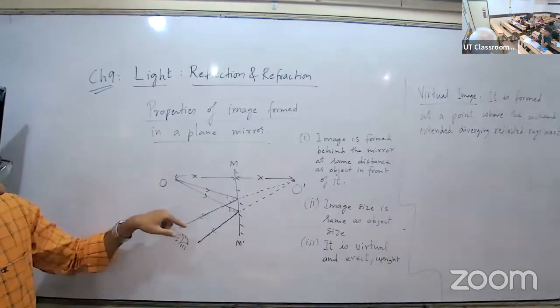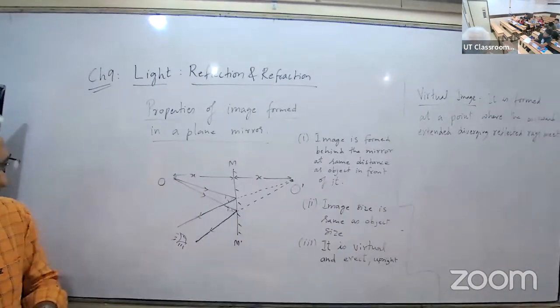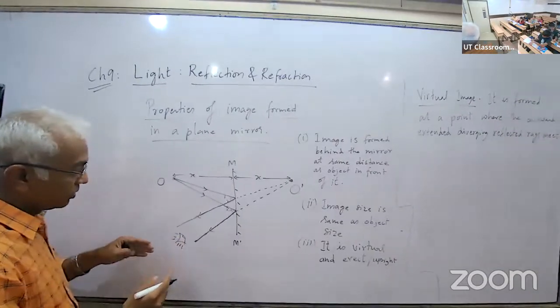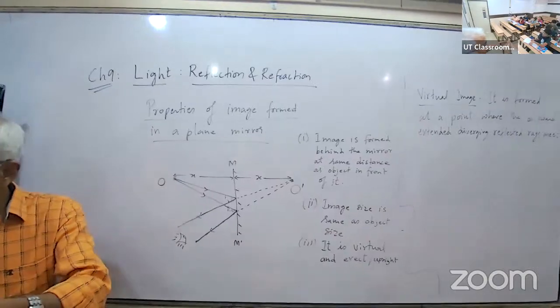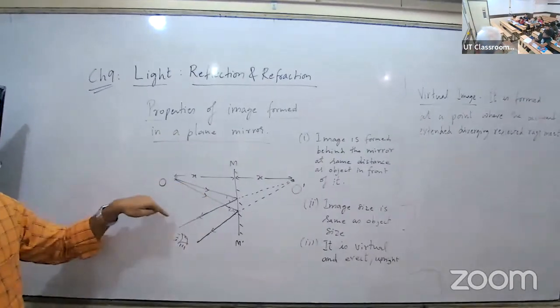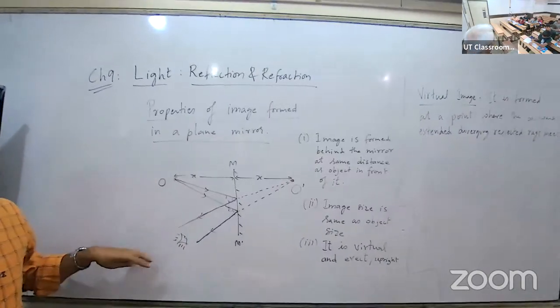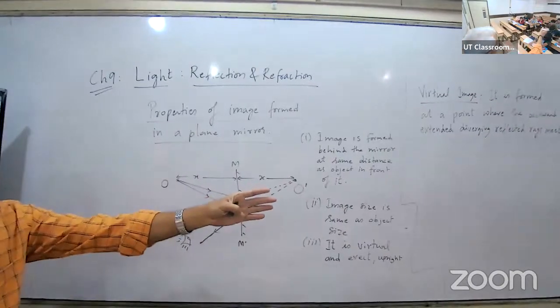So the reflected rays are diverging, they are spreading out. It is called diverging. So when they meet like this, they are called converging. But when they go away, they are called diverging. So diverging reflected rays cannot meet because as you go ahead, they spread further apart.